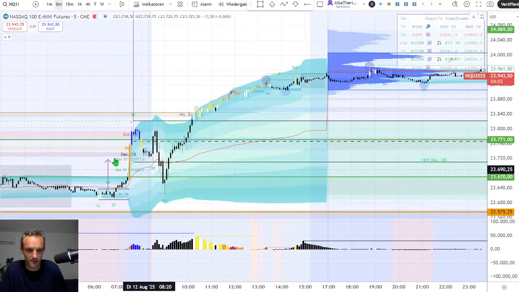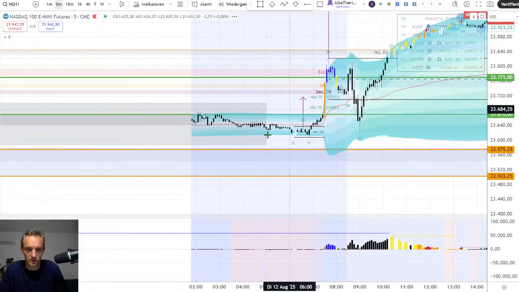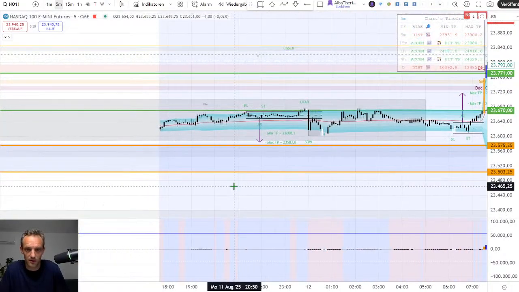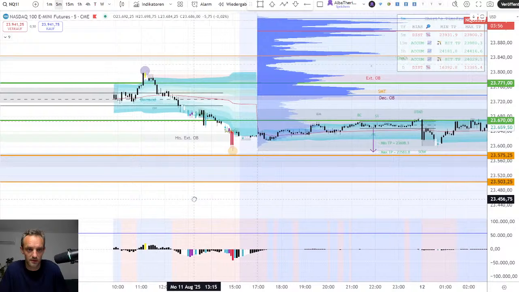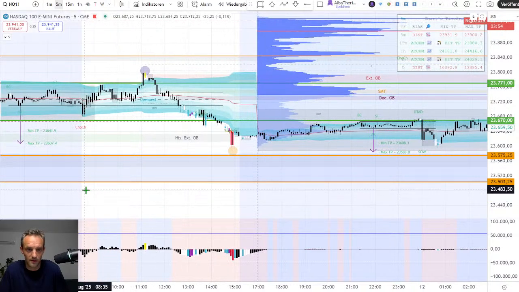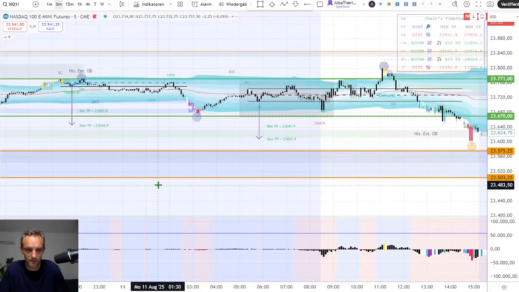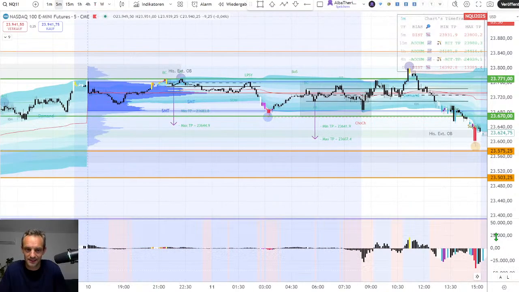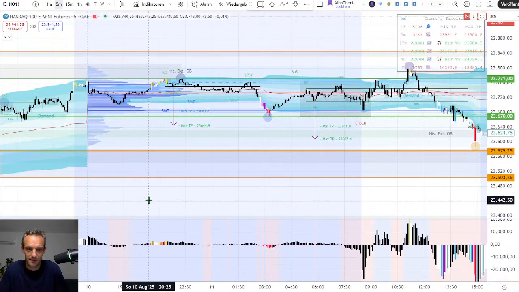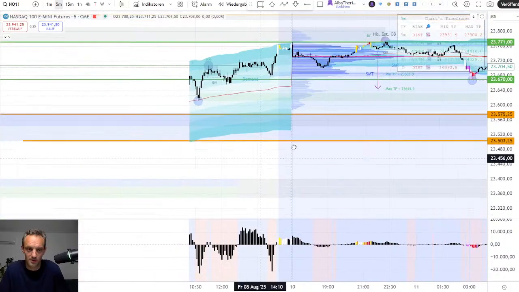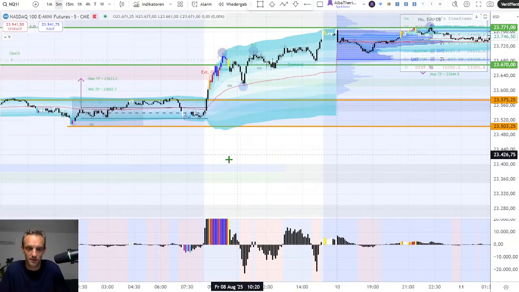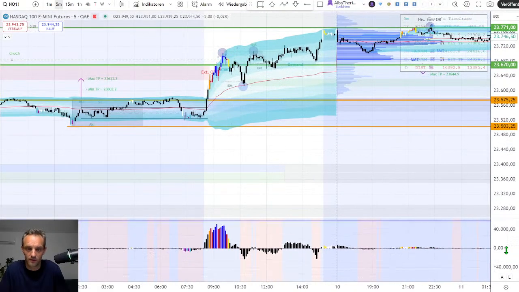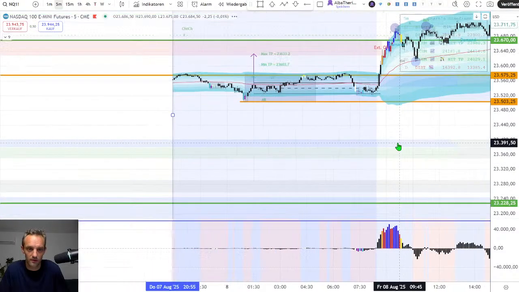Okay, I give you an example. Because of absorption, this is the reason why we wanted to do it, to display absorption. Actually, from my point of view, we didn't make it that far to display absorption. That's why we developed the Wyckoff indicator.